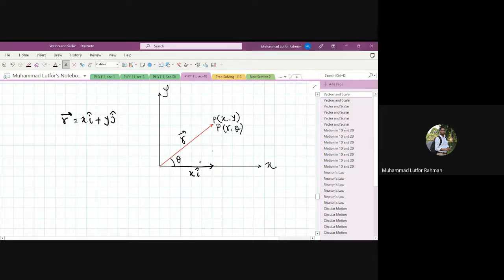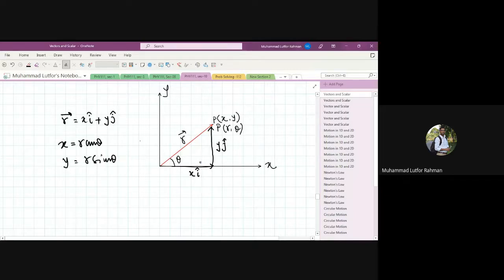Similarly, this would be your y j hat, and you will find that it is basically x i hat plus y j hat. That's fine. Now you can also find the components: x would be r cos theta, and y would be r sin theta, right?